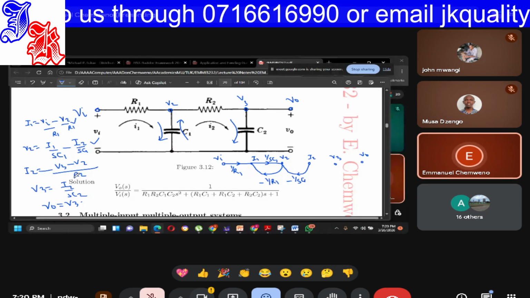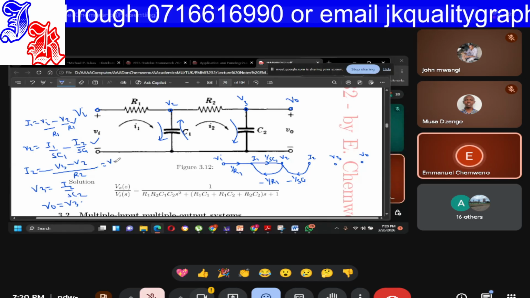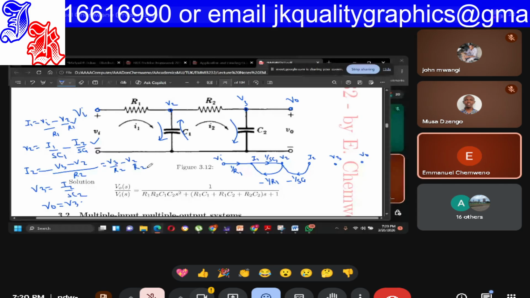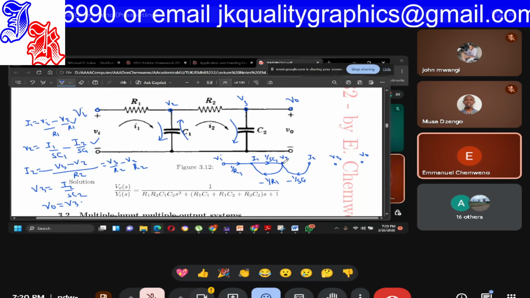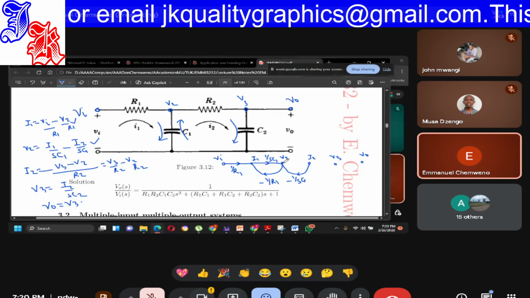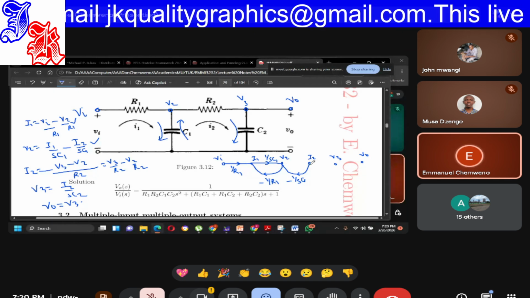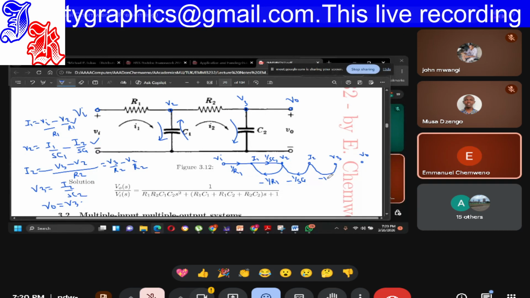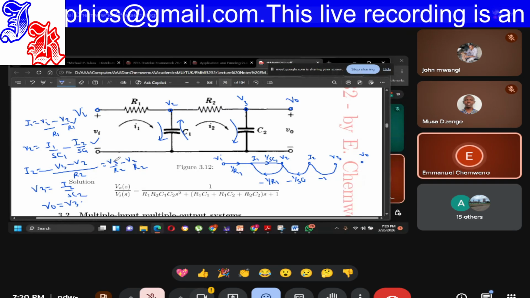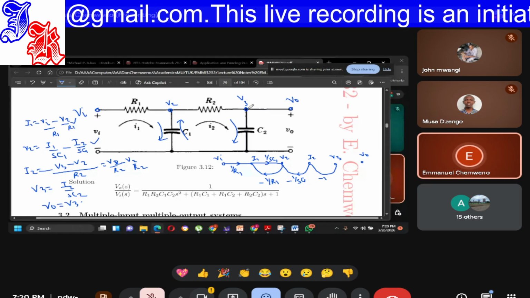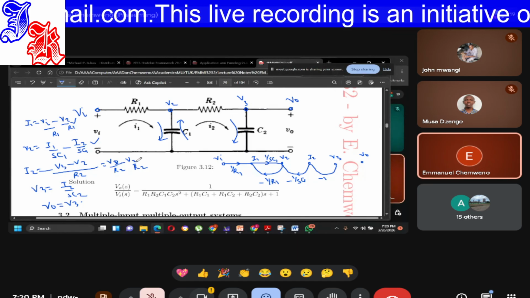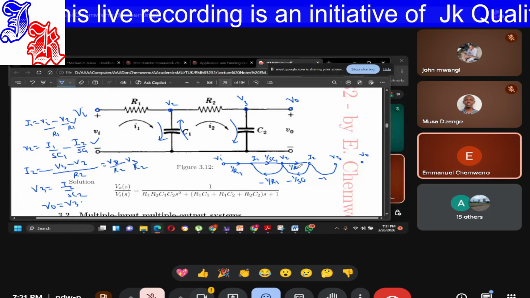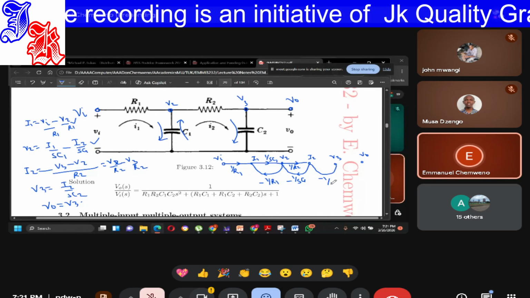I2 is V3 over R2 minus V2 over R2. It should be V2, sorry, V2 is this voltage minus this voltage, is the one driving this current, so it's V2 over R2, 1 over R2, minus V3 over R2.